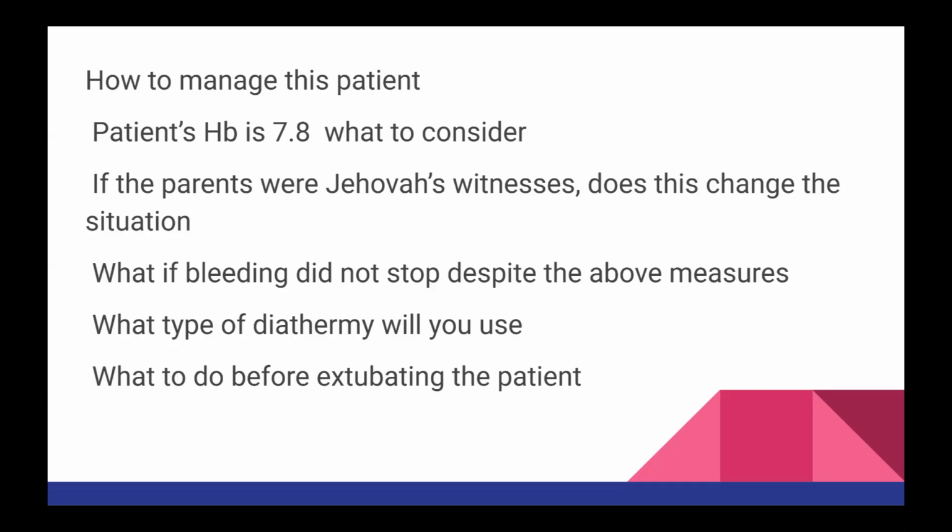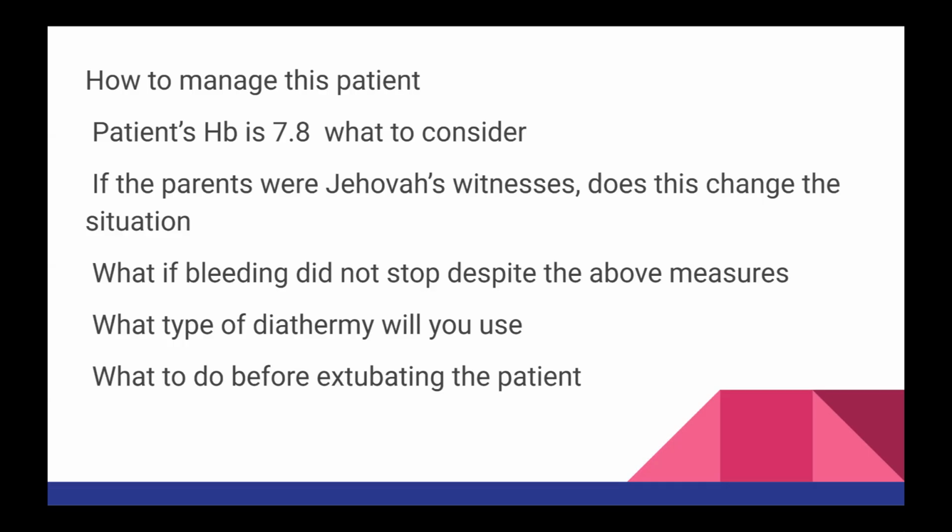I will also wait for the consent of the parents to start blood transfusion. If they are not willing, or if the child becomes unstable, I will inform the related consultants, and also I will acquire legal support to give blood transfusion to this patient.